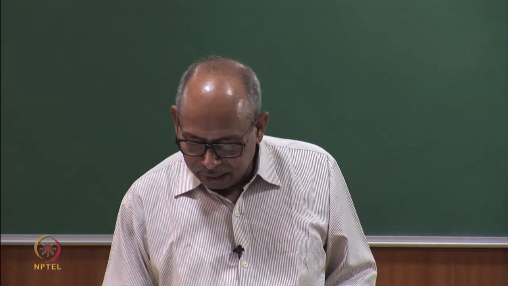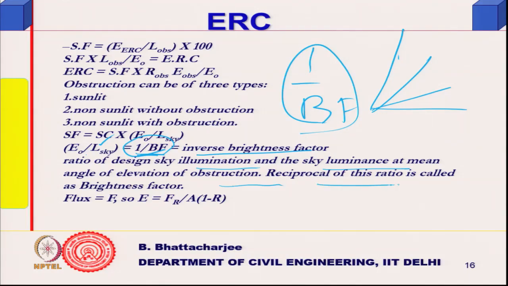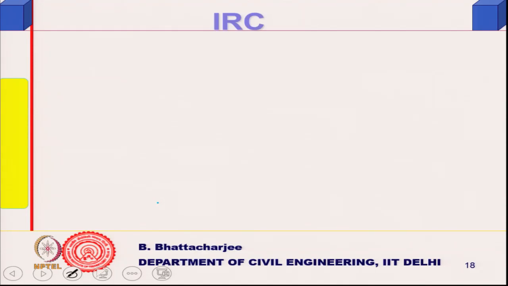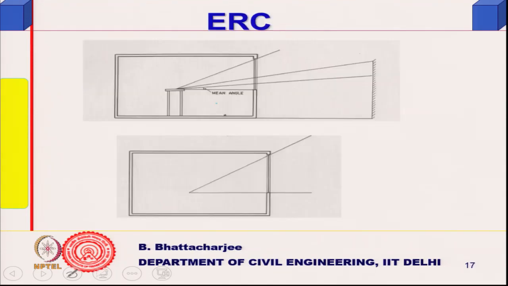So, the ratio of design sky mean, okay, this is given, and the reciprocal of this is called the brightness factor. So, this is what is given. For example, this is your obstruction. So, the mean angle of obstruction is this. This is the overall angle of obstruction. For this one, in the table 1 by BF is given.